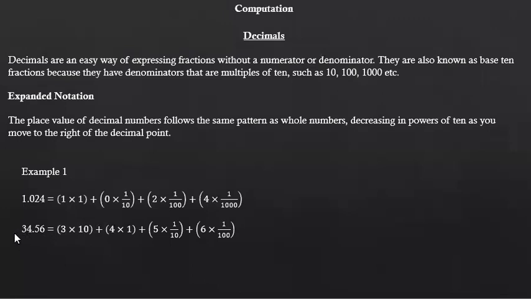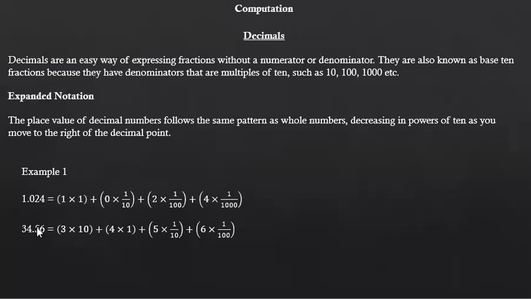Okay, so let me show you again. This 3 represents 3 multiplied by 10 to give you 30 because this is the tens column. This 4 represents 4 multiplied by 1 because this is in the ones column. This is our decimal point. This 5 is less than this 4 because this 5 represents 5 multiplied by 1/10.